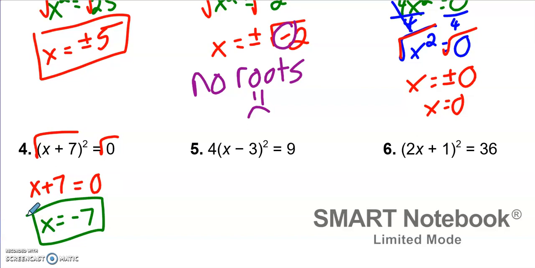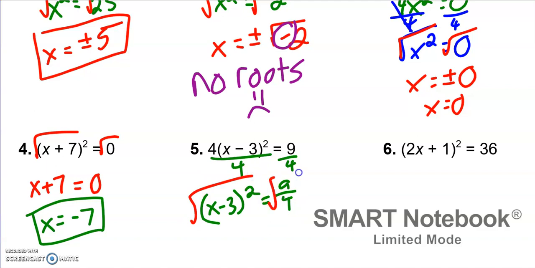For 5, what do we have to do here? Well, I have 4 times the quantity x minus 3 squared is equal to 9. I need to divide by 4 first. So I get x minus 3 squared is equal to 9 over 4. And now to get that x minus 3 all by itself, I have to take a square root.